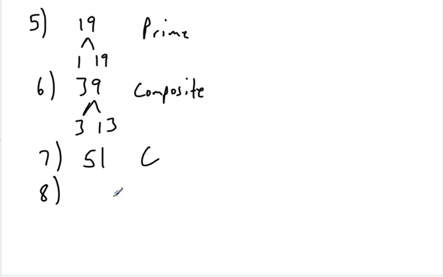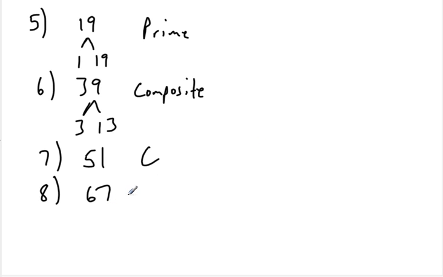Number 8, 67, so it's not divisible by 2 or 3 or 4 or 5 or 6 or 7 or 8 or 9 or 10 or 11. So now I'm just basically checking prime numbers. It's not divisible by 11 or 13. Let's see. 39, 52.